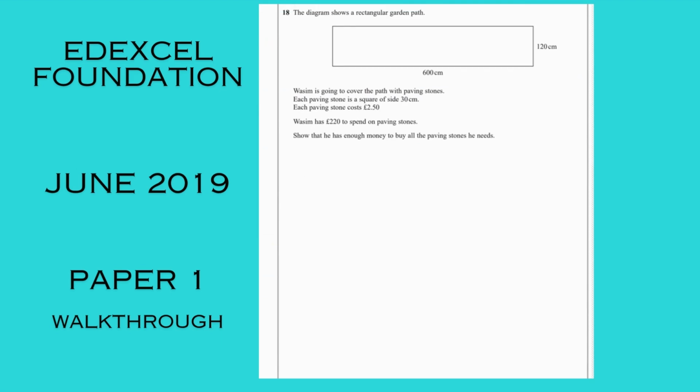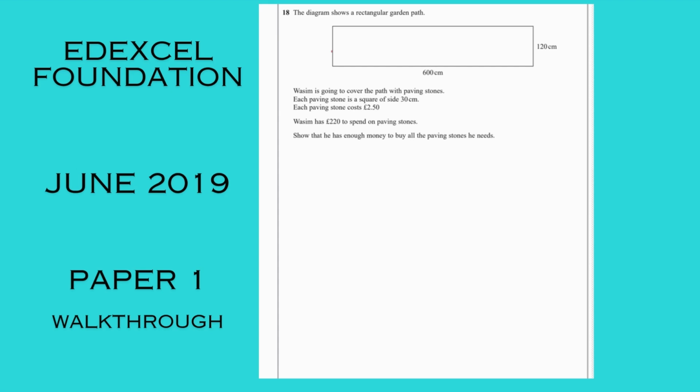Number 18. We've got a rectangular garden path. We're going to cover it with paving stones. So there's a couple of different ways of doing this. Also, you could do 600 times 120, but because it's a non-calc paper, I'm going to go for a slightly different technique.